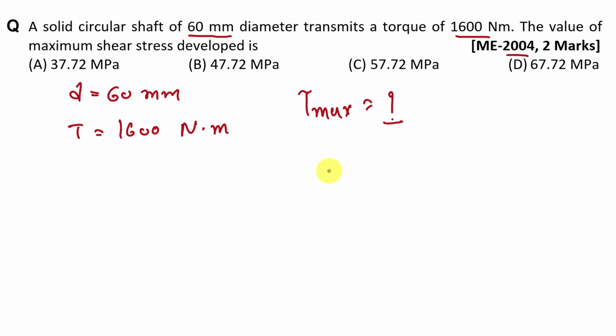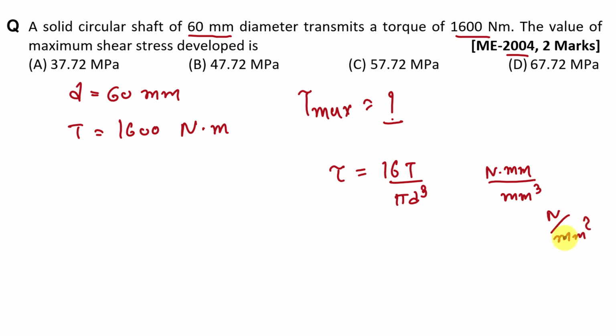We have discussed the equation that tau is equal to 16T by pi d cube, right? Here this tau is the maximum value of shear stress, this T is the value of torque, and D is the diameter. Now see here, if you take this torque in Newton into mm and this diameter in mm, then finally you will get this shear stress in Newton per mm square, means it will be in megapascal, right?